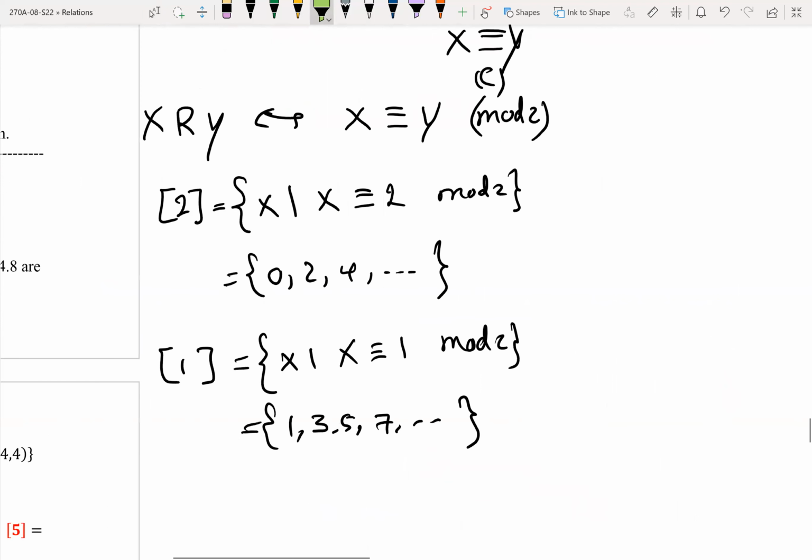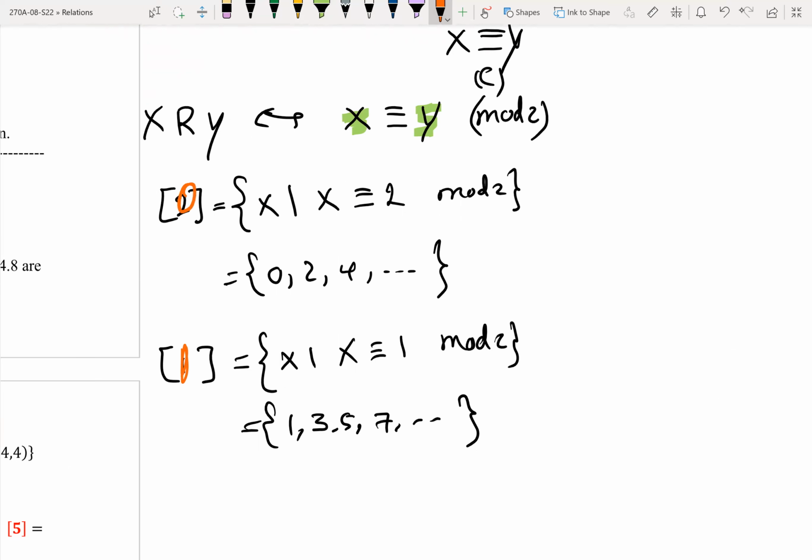That was my class of equivalence for the relation x related to y, meaning x and y have the same remainder when you divide by 2. Your remainder when you divide by 2 could be 0 or 1, because those are the only possibilities when dividing by 2. The remainder of 0 gives you even numbers, the remainder of 1 gives you odd numbers, right?